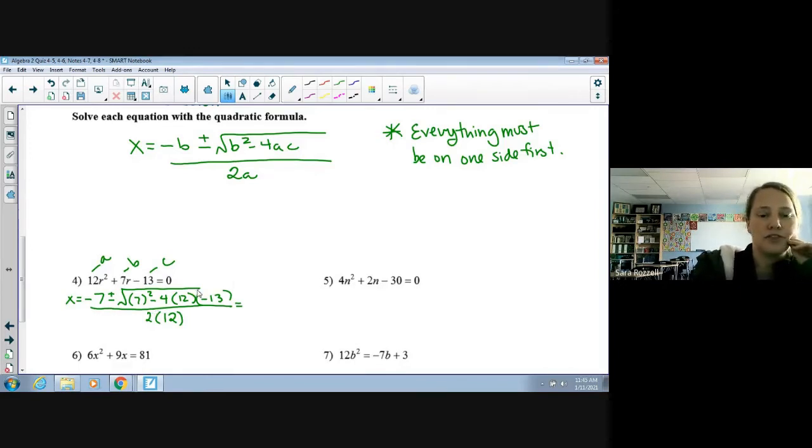And what's nice about this, I mean, it looks like a lot on your paper, is we don't just put all of this in the calculator. The only thing we're going to put in the calculator is the discriminant part. What would go underneath the square root? Don't do the square root sign. So just do what you would have done up above. So we're going to type in 7 squared minus 4 times 12 times negative 13.